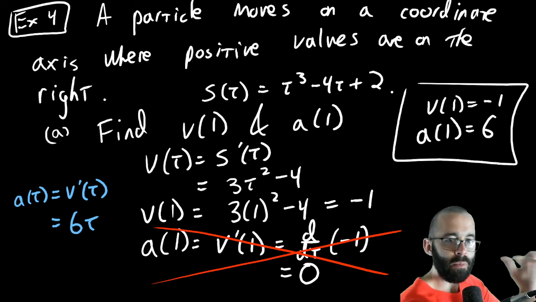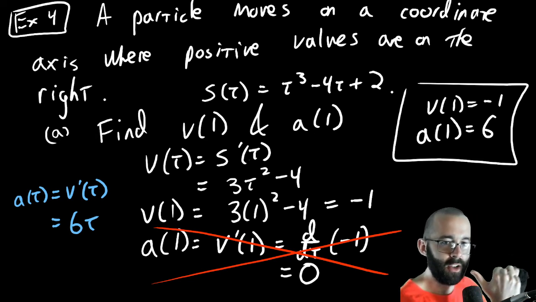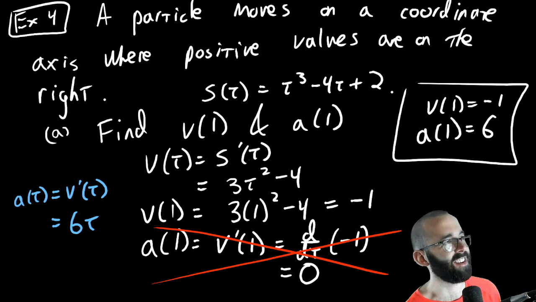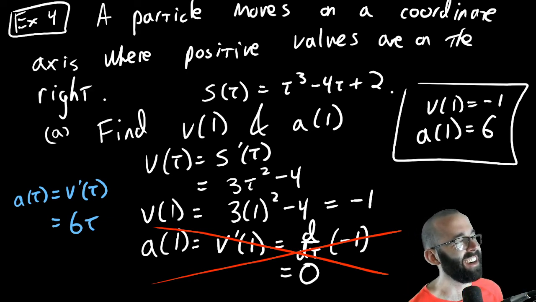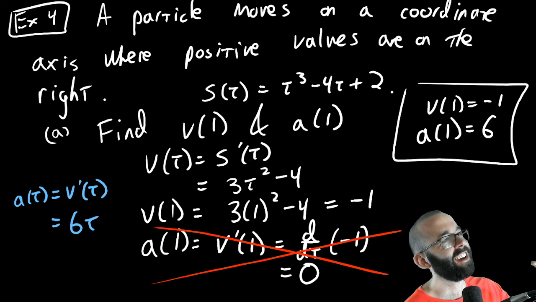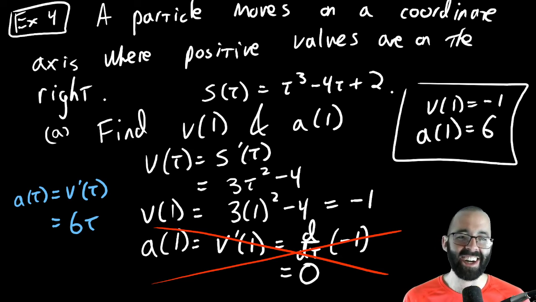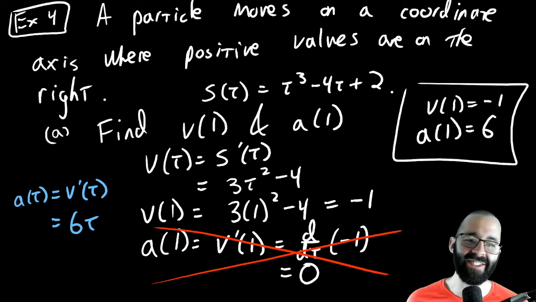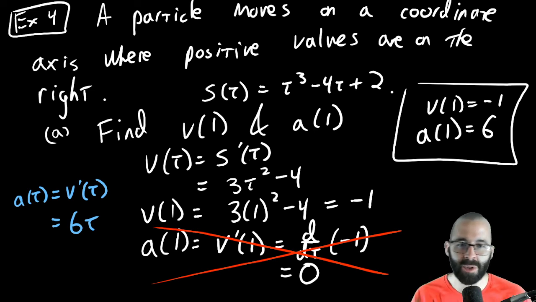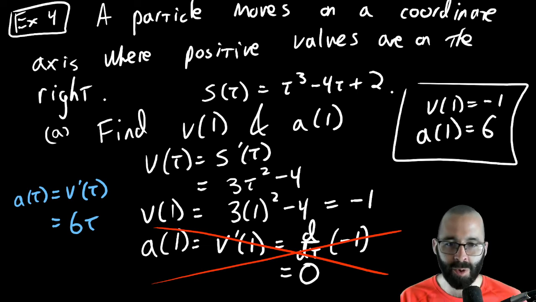But if you're moving backwards and you put your foot on the gas, all right, hold on. Maybe this isn't a perfect metaphor. Anyway, you're not going to speed up. I'll tell you that much. We're going to be slowing down, right? We're moving backwards, but we're trying to start going forwards.